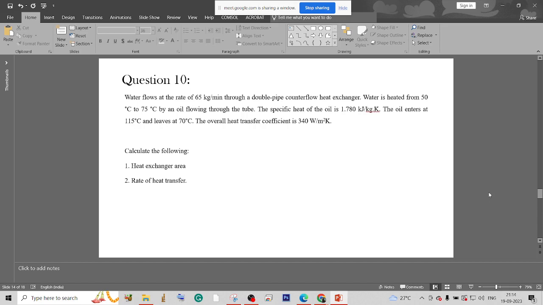The specific heat of the oil is 1.780 kilojoule per kg Kelvin, and the oil enters at 115 degrees Celsius and leaves at 70 degrees Celsius. The overall heat transfer coefficient is also given as 340 watt per meter square Kelvin. Calculate the heat exchange area and the rate of heat transfer.